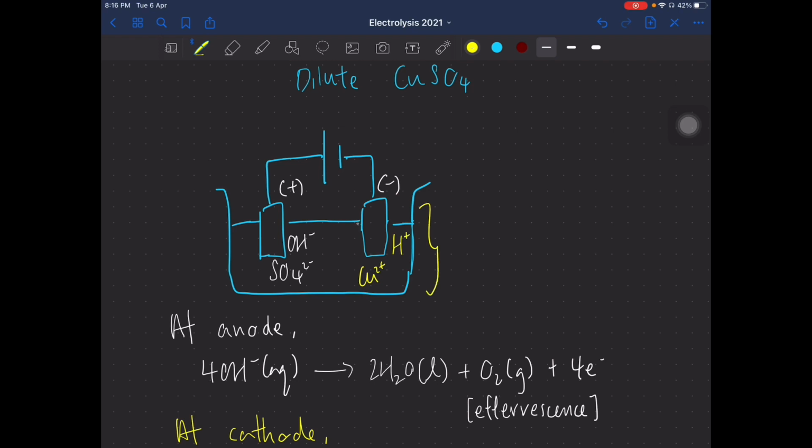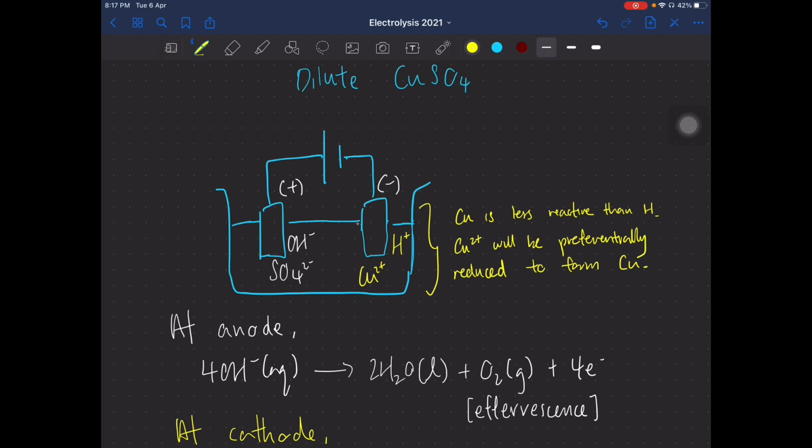It's important to take note that copper is actually less reactive than hydrogen. What this means is that because it's lower in the reactivity series, its ion, Cu2+, will be preferentially reduced at the cathode, and this will allow it to form copper metal, right?